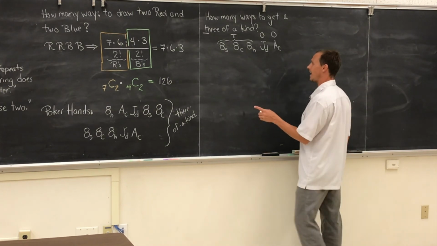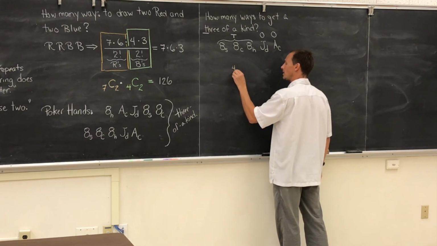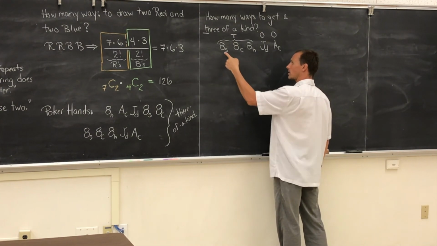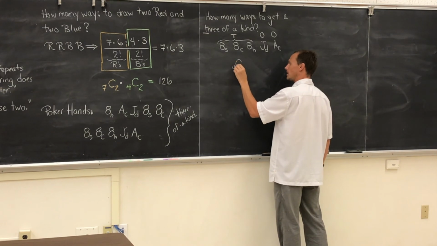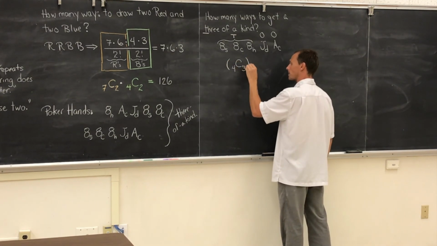So for the 3 of a kind part, there are 4 cards of that rank available, of which we need to choose 3. 4 choose 3.